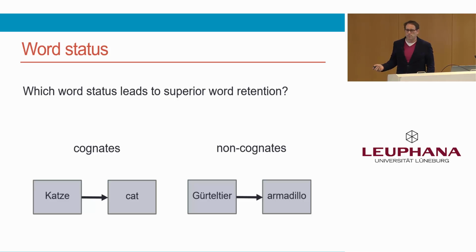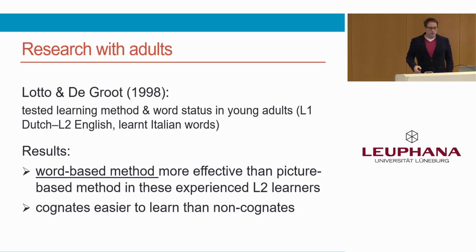And one could probably assume that the cognates are easier to remember. There was a study by Lotto and de Groot in the 90s, and they tested exactly these two things, learning method and word status, in young university students in the Netherlands. And these students learned novel Italian words. So this would have been their L3, right?